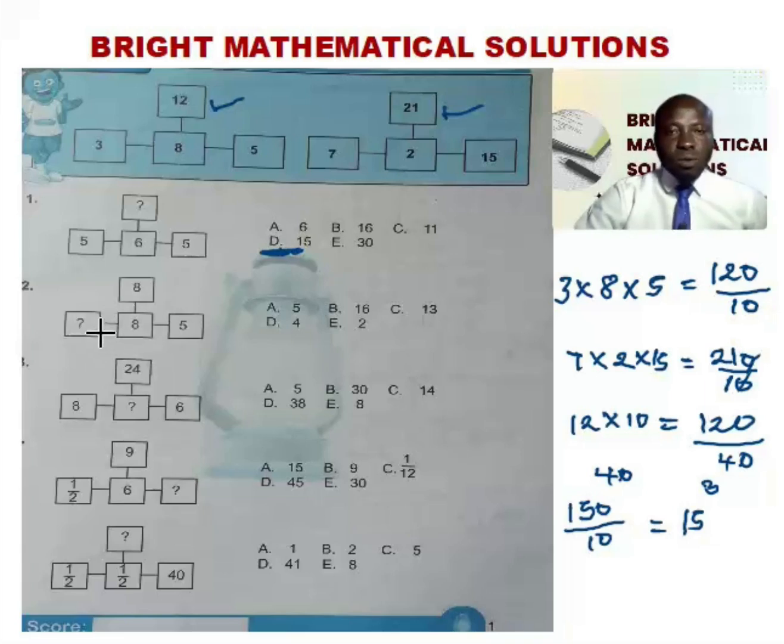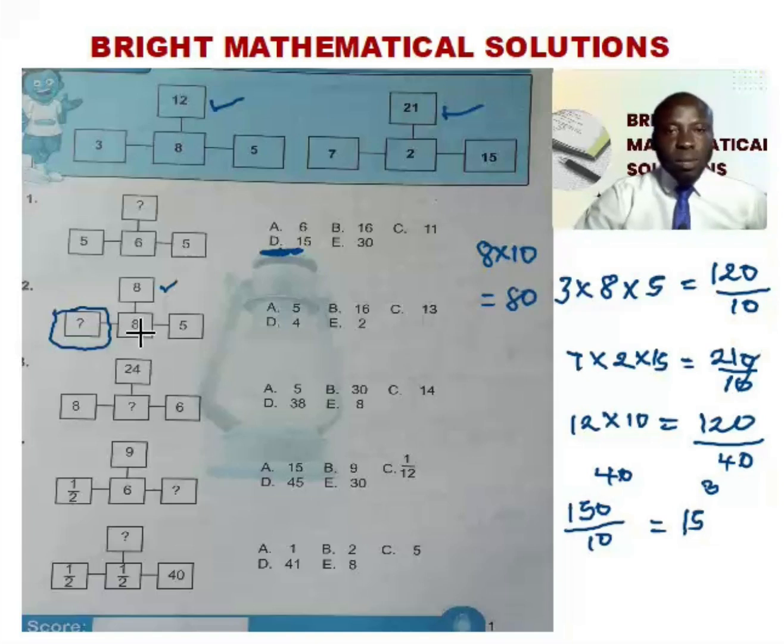Let's look at the second one. Now, if you look at this one, we were not given this. So we were given 8, we were given 5, and we were given 8. Now the one that is here, let us multiply it by 10. That is 8 multiplied by 10, that will give us 80.